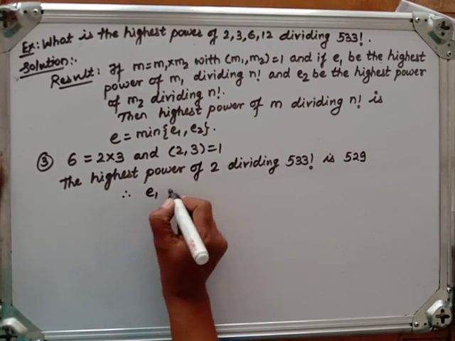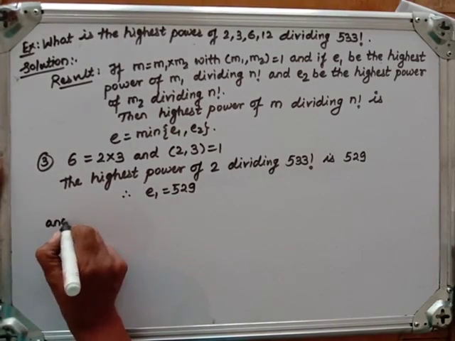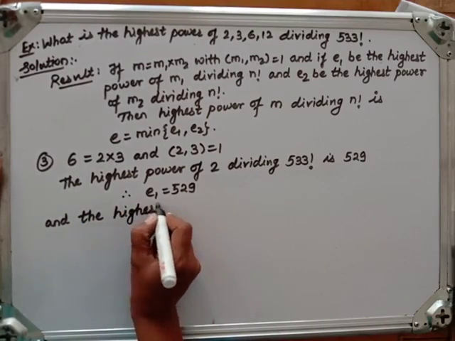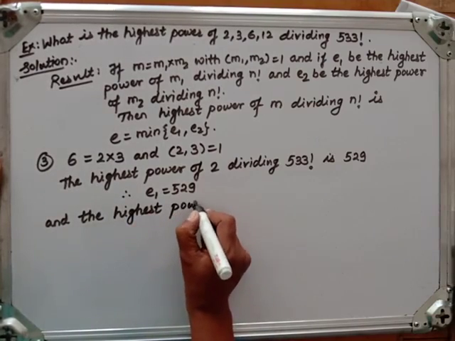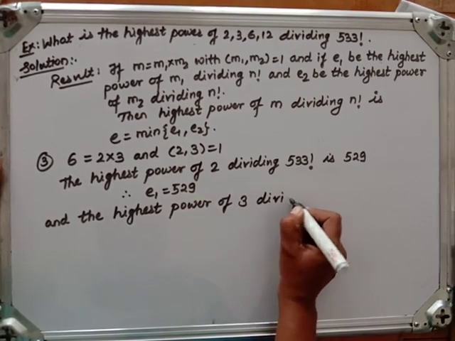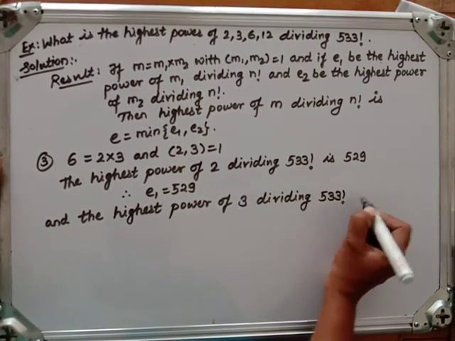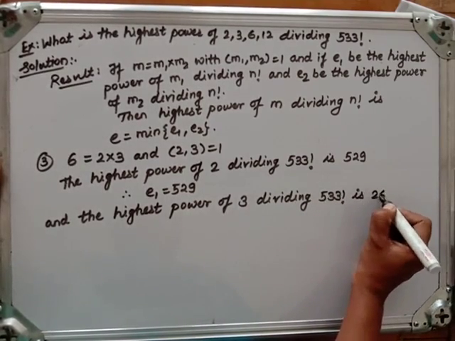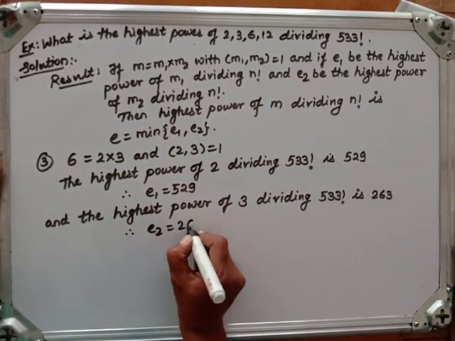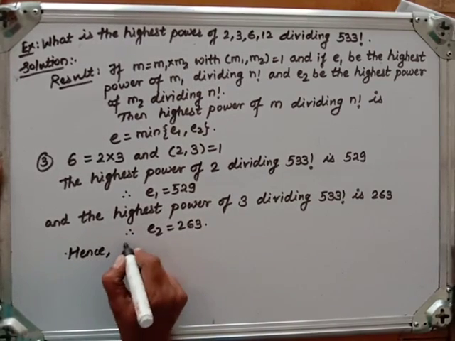Therefore, E1 is equal to 529. And the highest power of 3 dividing 533 factorial is 263. Therefore, E2 is equal to 263.